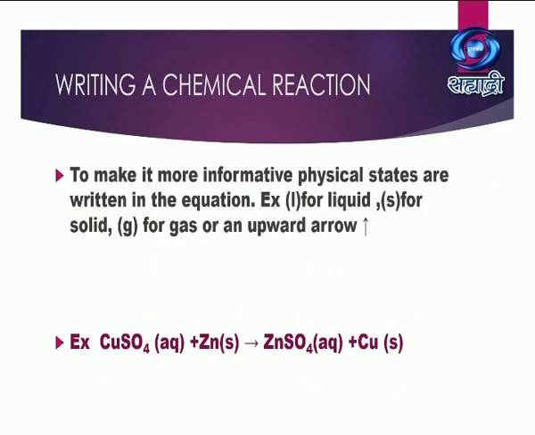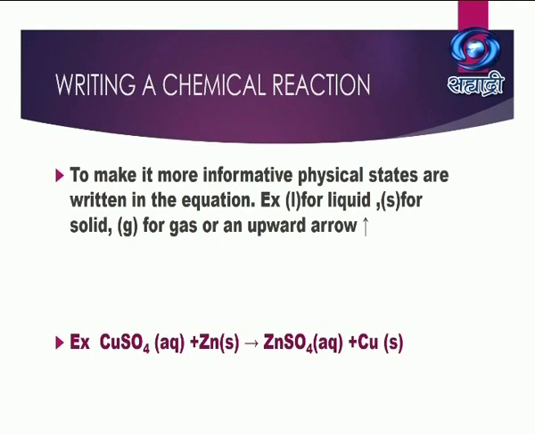To make it more informative, physical states are written in the equation. For example, L in brackets for liquid state, S for solid state, and G or an upward arrow for a gaseous state.